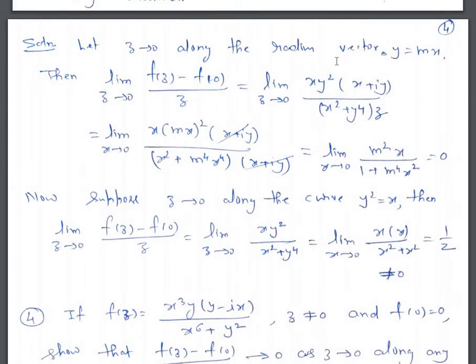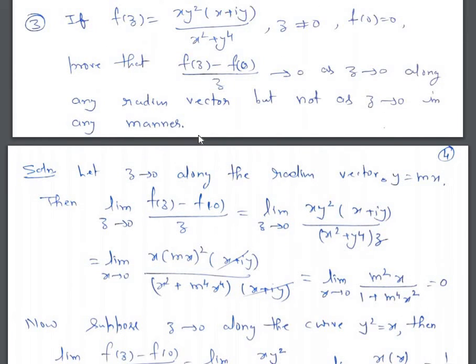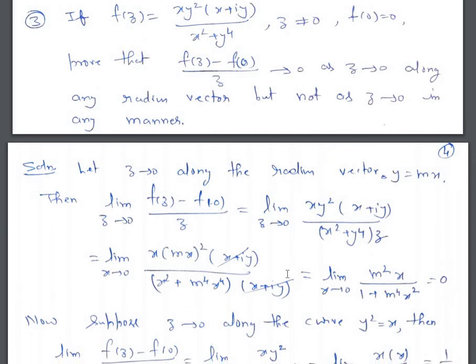So suppose z tends to 0 along the radius vector y is equal to mx, then we consider this limit z tending to 0 of (f(z) minus f(0)) upon z. Now f(0) is 0, and in place of f(z) we write this expression xy square (x plus iy) upon (x square plus y to the power 4) upon z, and z is x plus iy.